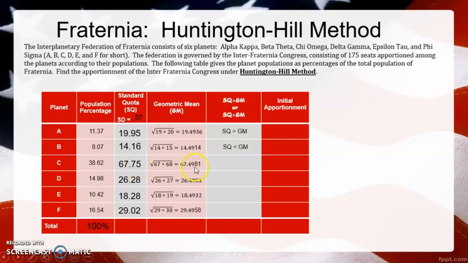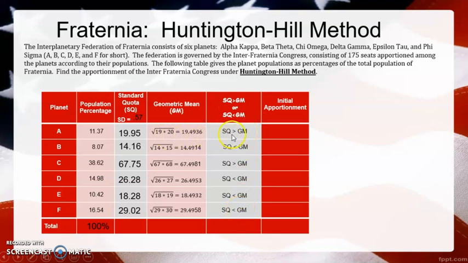So since 7 is greater than 4, the standard quota is greater than the geometric mean. 26 is the same, 2 is less than 4, so this standard quota is less than the geometric mean. 2 is less than 4 here as well, so again it's less than. And 0 is less than 4, so again less than. So we have 2 that were greater than the geometric mean, and we have 4 where the standard quotas were less than the geometric mean.